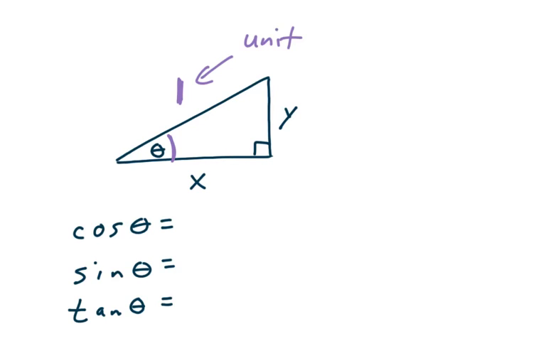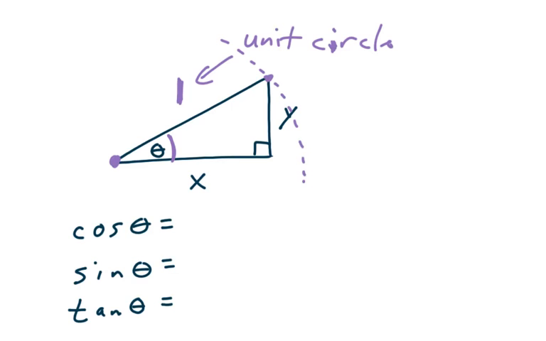So if our unit is 1, in other words, the radius would therefore be 1. This right here would be the center of the circle. This point out here, of course, would correspond to some point along our unit circle like so.